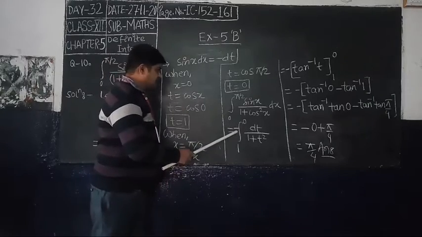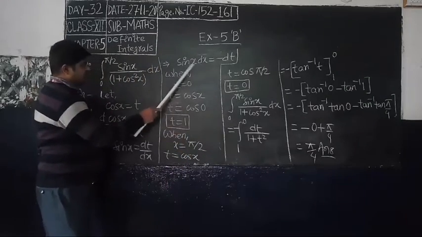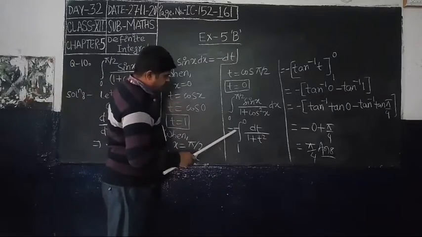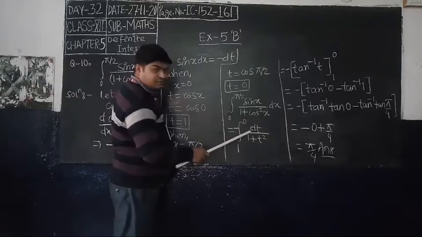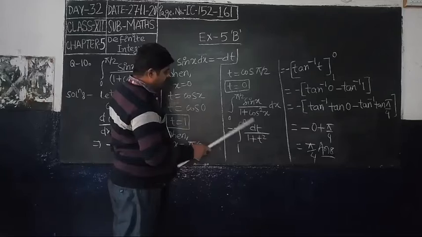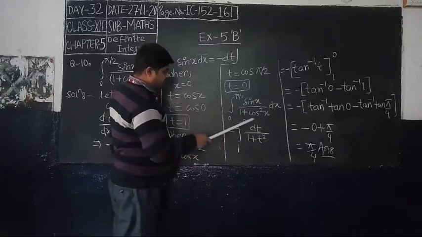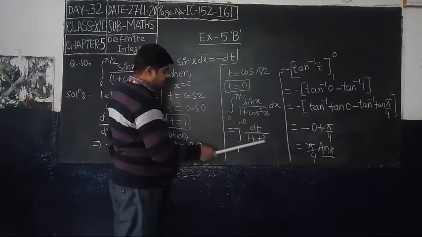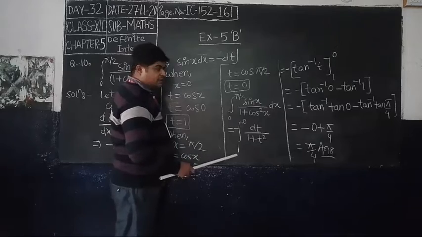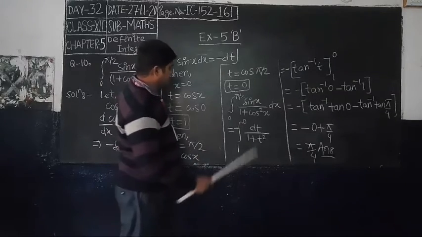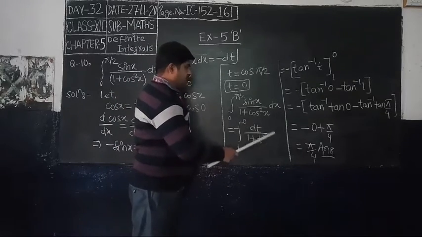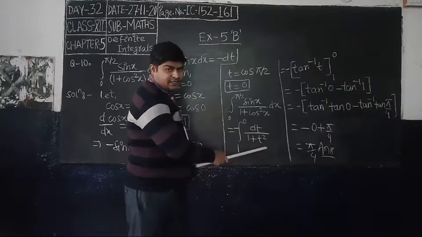So sin x dx is equal to minus dt, minus dt by 1 plus, put the value of cos x is equal to t, cos square x is t square, and with limit 1 to 0.